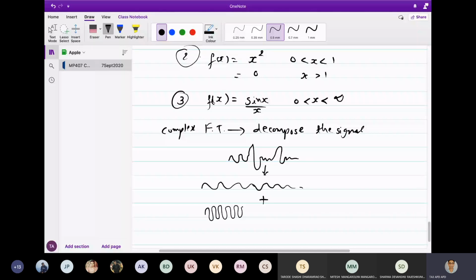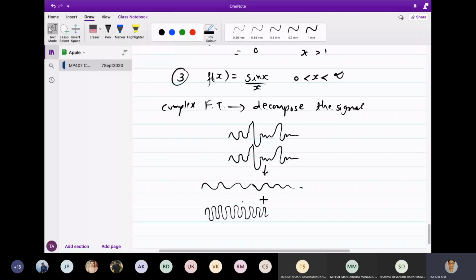So for example, some waves having larger frequency, some waves having lower frequency.